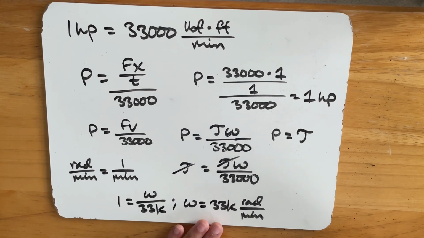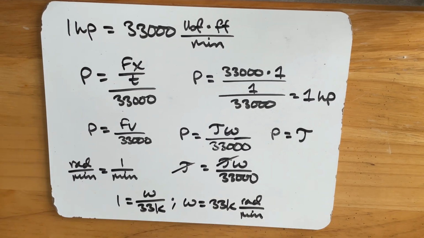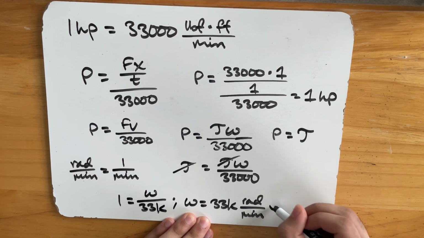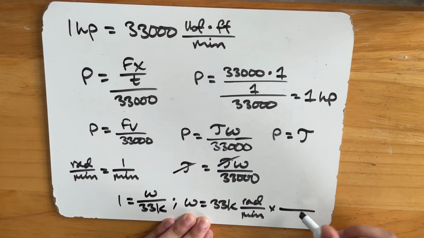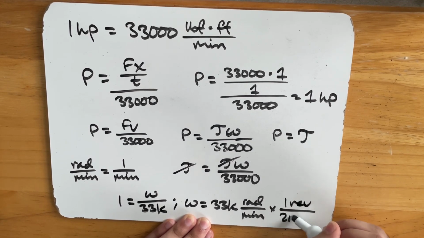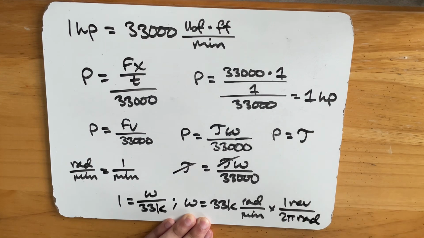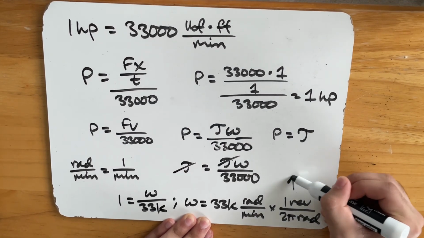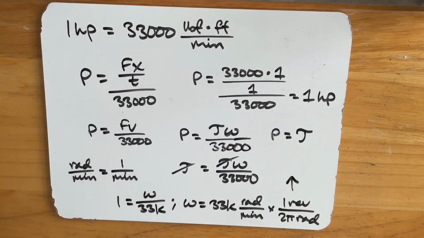We know that there are 2 pi radians in one full circle, so 2 pi radians in one revolution. To convert to revs per minute, we're just going to multiply by 1 rev over 2 pi radians. And that should get us our magic RPM.